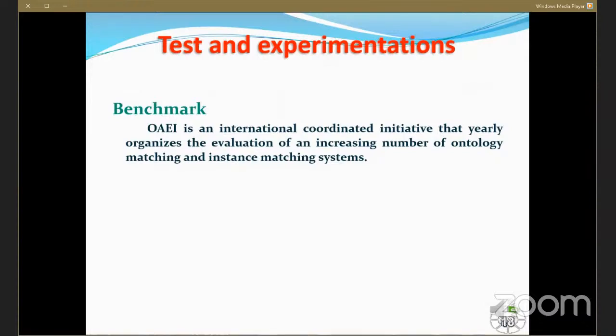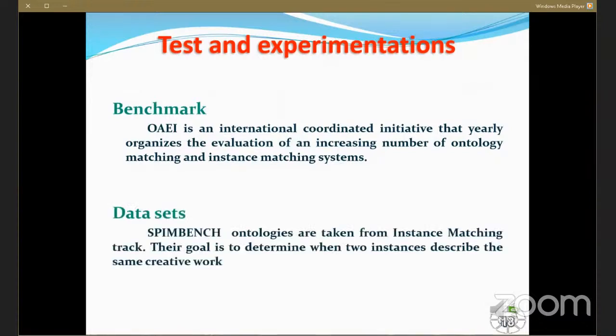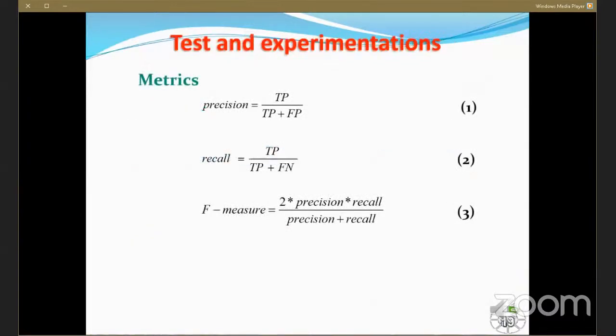We have used the datasets from SPIMBENCH ontologies of the instance matching track. The performances of our system are measured by computing precision, recall and F-measure score, and the obtained results are presented in the following table.